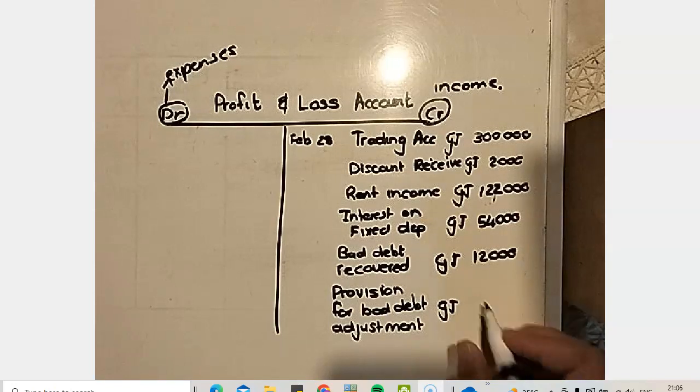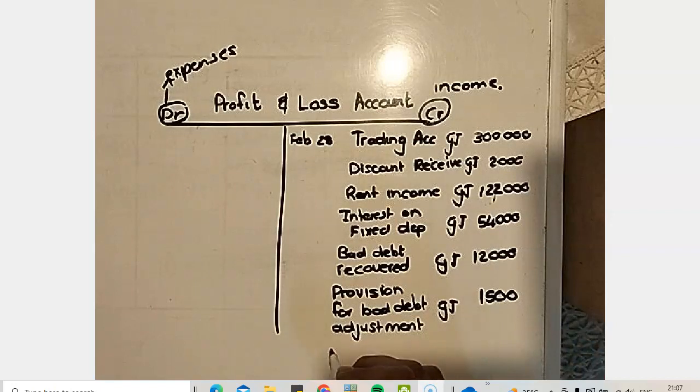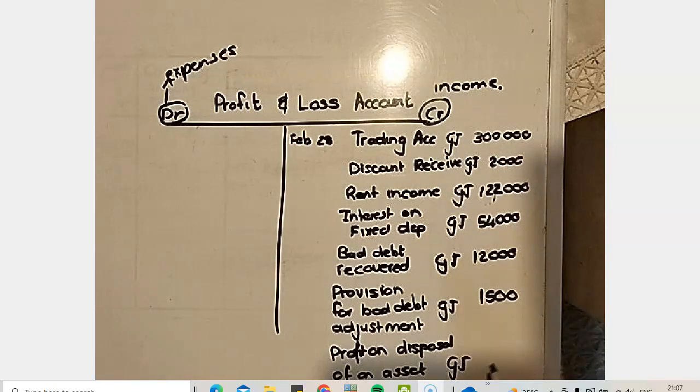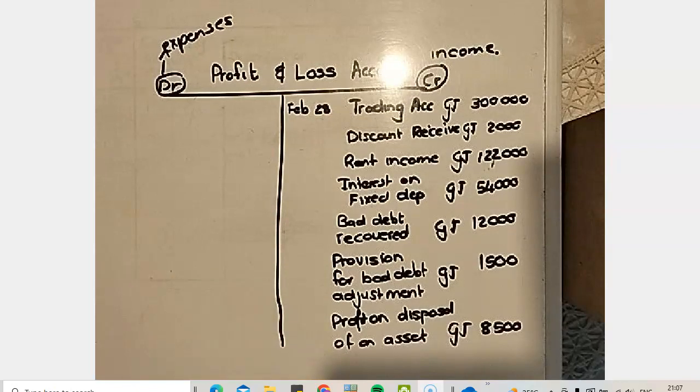General journal. That will be 1,500. Then you've got your profit on disposal of an asset. Okay, this is when you actually went and sold your asset, and you made a profit by selling it. Okay, that will be on the credit side.